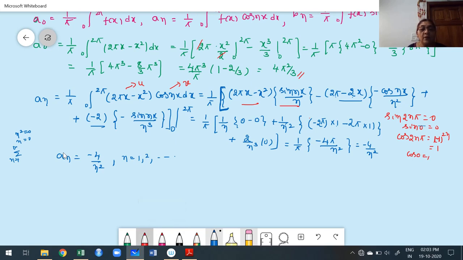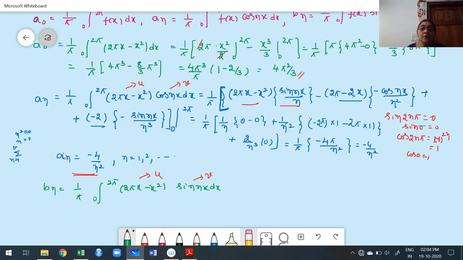Okay. Now move to the next: finding the value of b_n. b_n equals 1 by pi integral from 0 to 2 pi of (2 pi x minus x square) into sin nx dx. Which rule do you go for? UV rule or Bernoulli's rule. This is the u function, this is the v function.